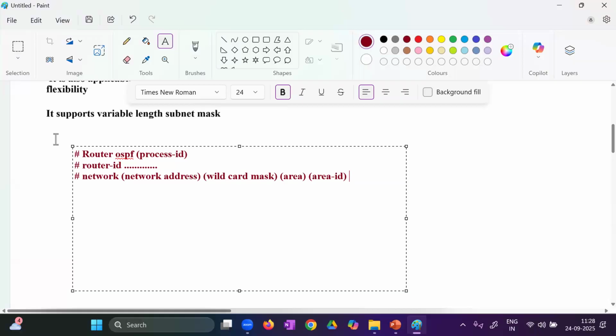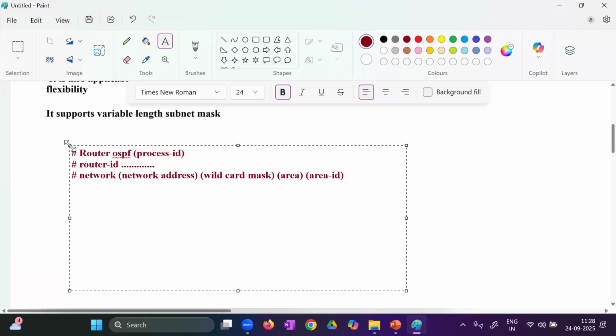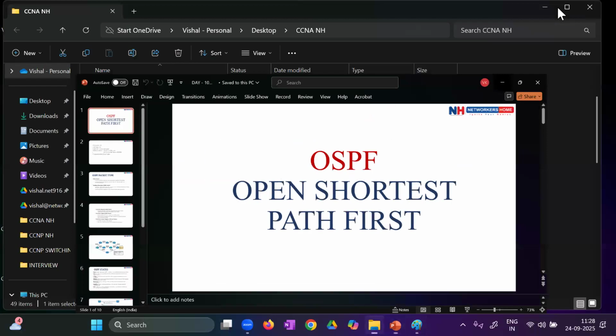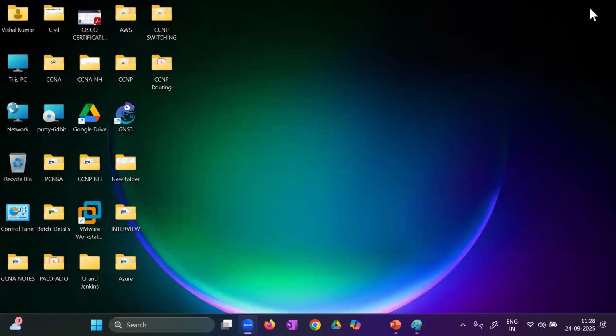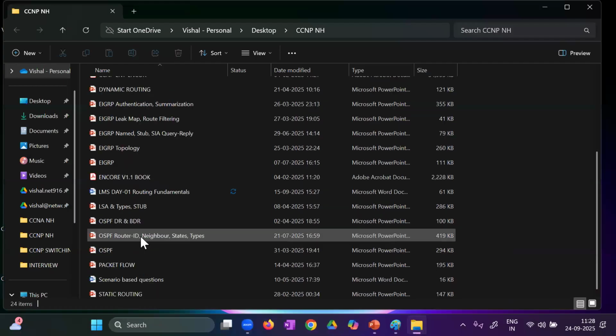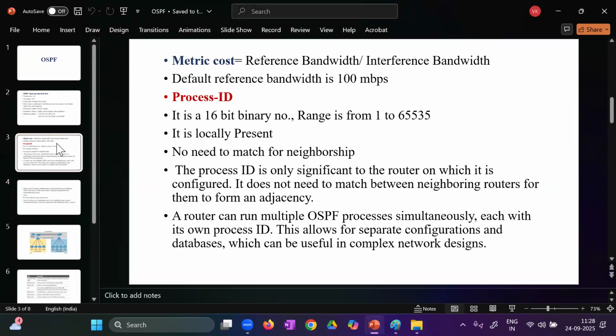Okay, now what is the meaning of this process ID and why do we need this process ID? Understand? See what happens. It says that it is a 16-bit binary number that has a range from 1 to 65,535.